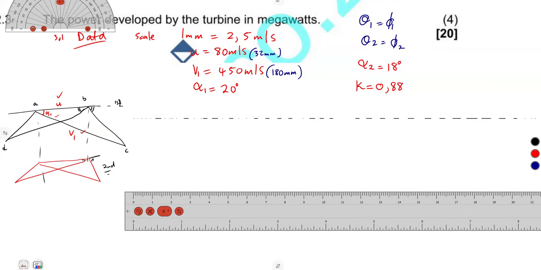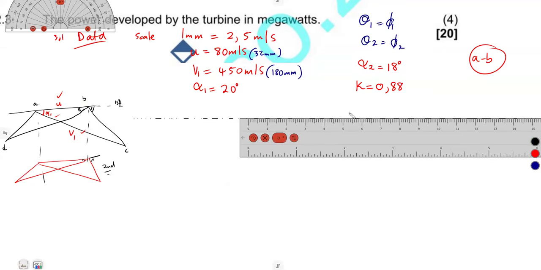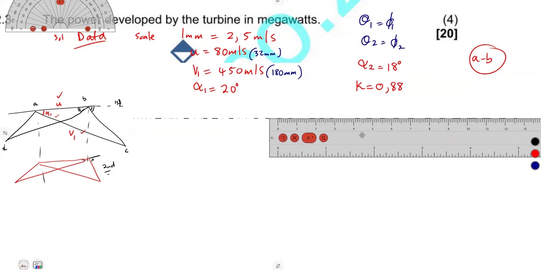Since we want the line AB, so measure 3,2 centimeters, which is the 32 millimeters. So measure from here, 0, 3,2, that's somewhere here.